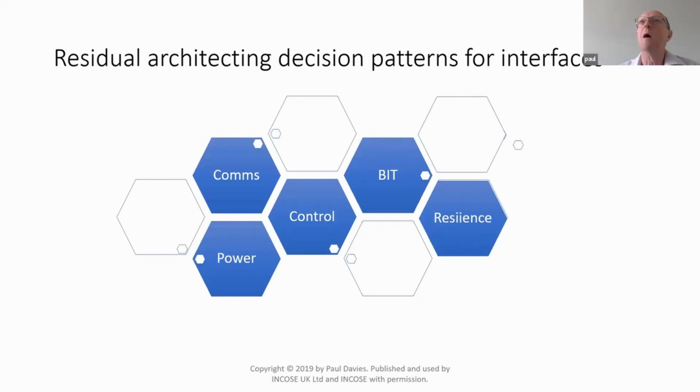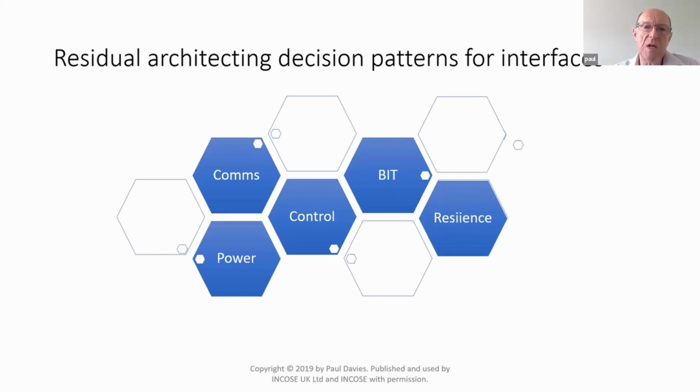All right, okay, I'll give myself a couple of minutes here. There's no right answer to some of these. Here are 5 potential areas where there might not be a single right answer for the interfaces.